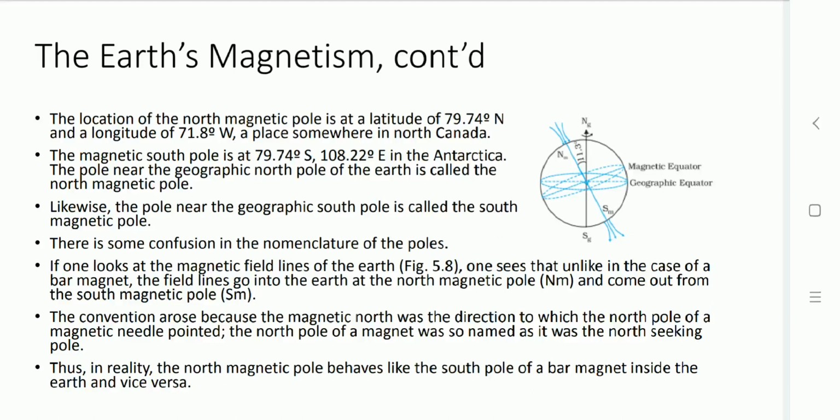If both were the same, they should repel, but actually they attract. So the north pole of the Earth is basically the north seeking pole of the bar magnet. Both are attracted towards each other, and that particular pole is defined as the north pole.